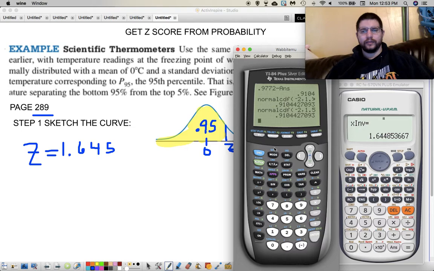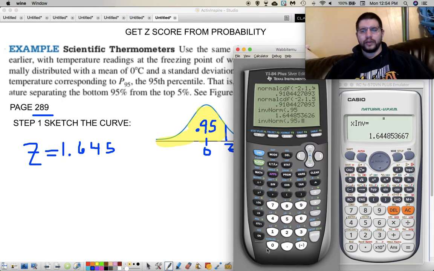For the TI, second bars again, number 3 is the inverse normal. I'll just put something right in there so I can get this. And just like before, it assumes standard normal if you don't put anything else. If I just do that, it'll give me the right answer.